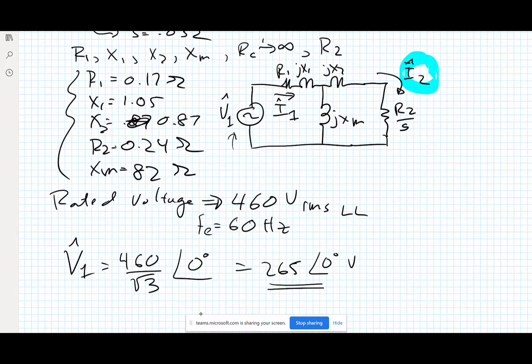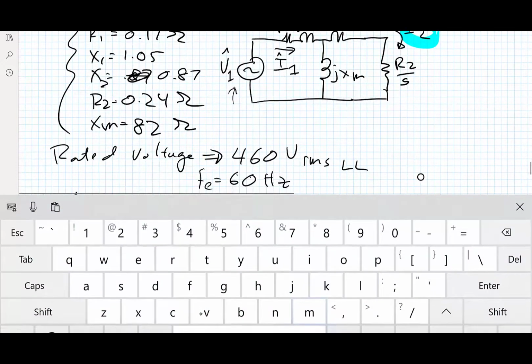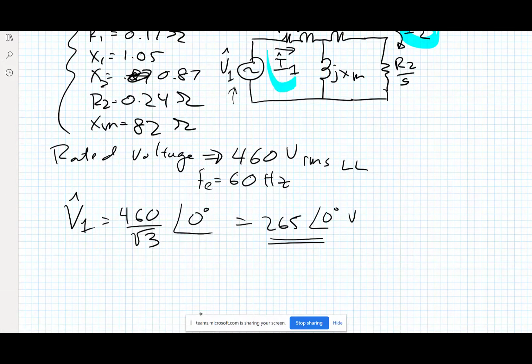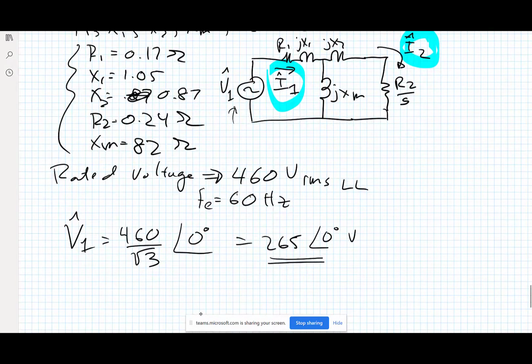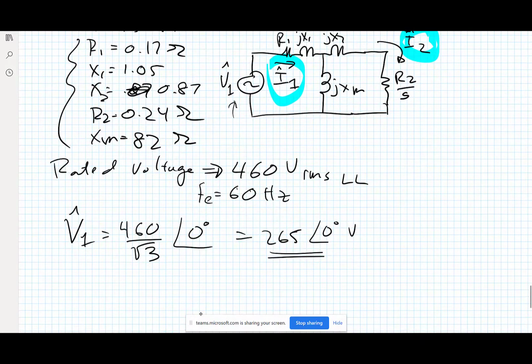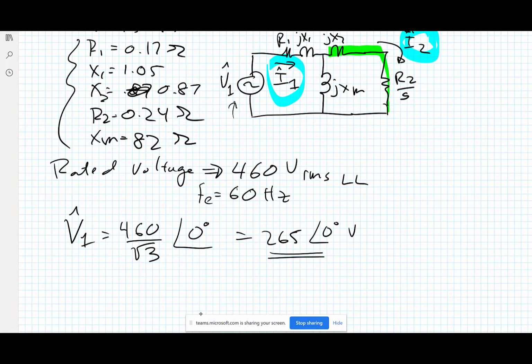Now, to find the torque I have to find this current. I'm going to first find I1, and then do a current division. There's this impedance right here, in parallel with this one.